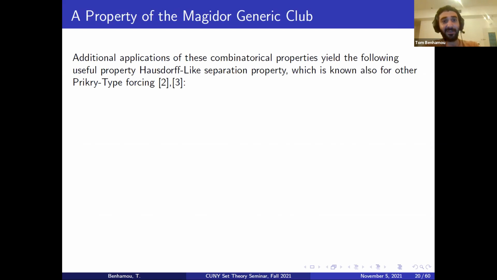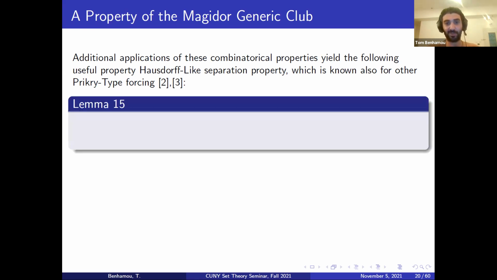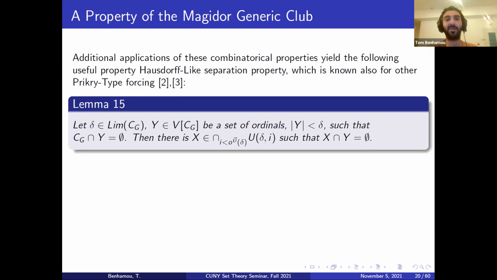Now we can derive some other combinatorial properties of the club using this observation about trees. So we have the following lemma, which again I'm not going to prove here, but which I think of as a Hausdorff-like separation property. I mean a topological separation property, and I will explain my intuition after I phrase the lemma.